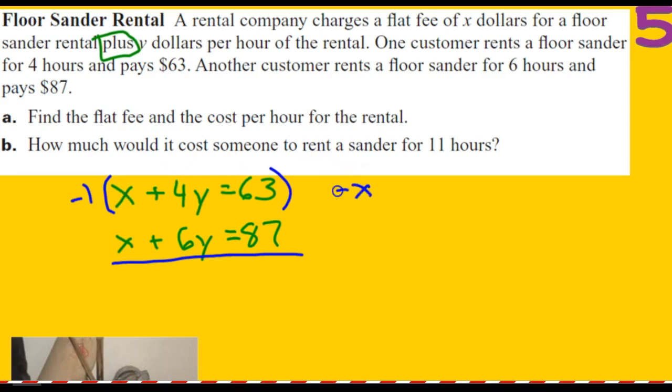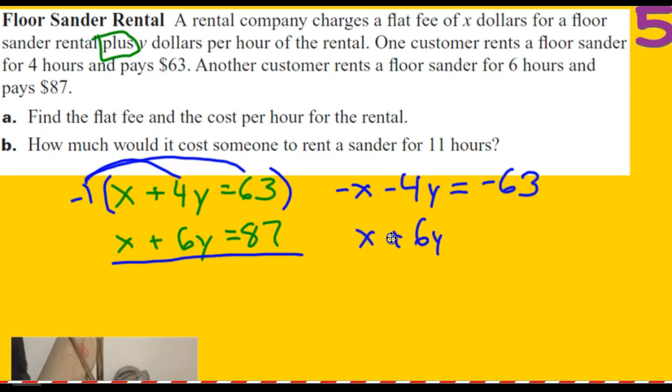So we get negative x minus 4y equals a negative 63. Then we have x plus 6y equals 87. Negative x plus x cancels out.